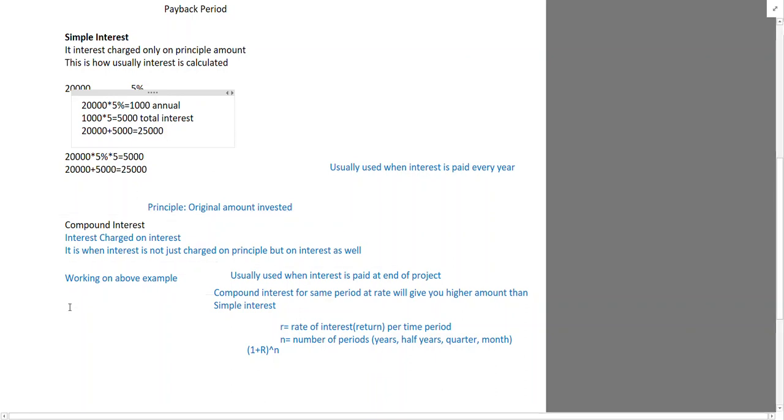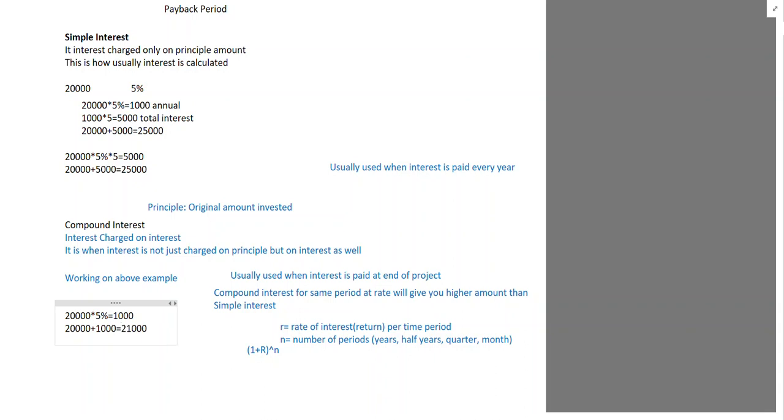A compound interest is, let's say the same thing, 20,000 invested at 5%. It is calculated differently. The first year is the same. We have 1,000. In the second year, we take 20,000 and add the interest, and we charge interest on this amount because this 1,000 is also stored in the bank account. So interest will be charged on that as well.